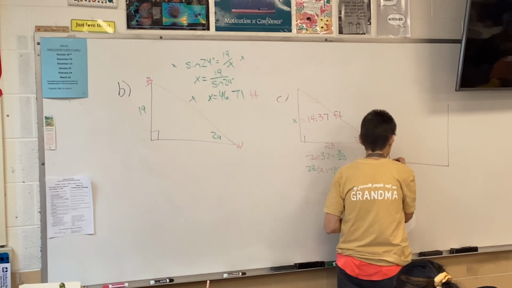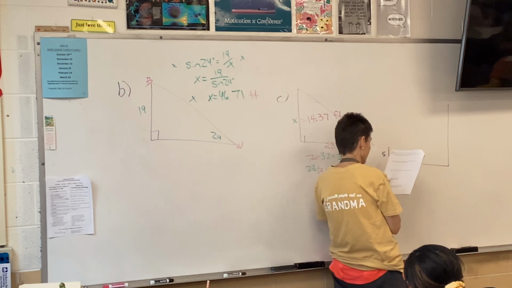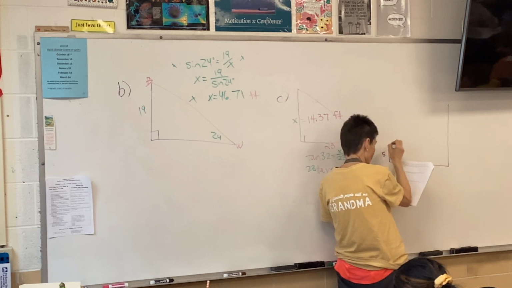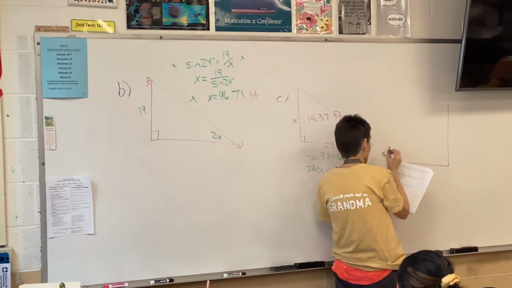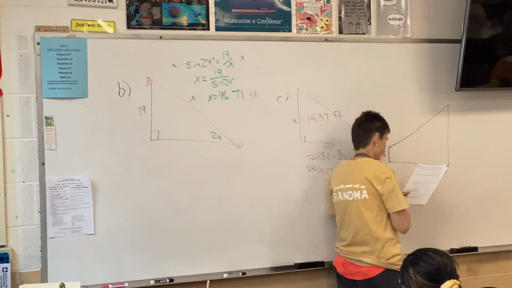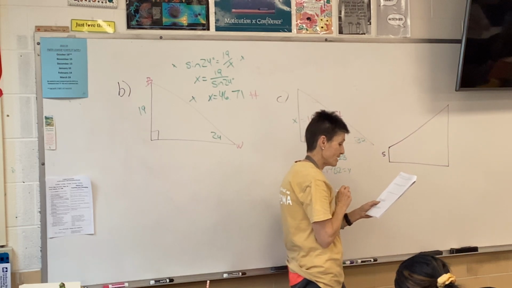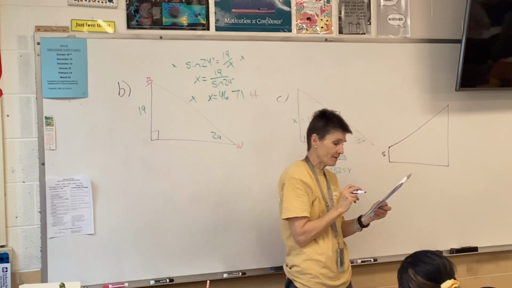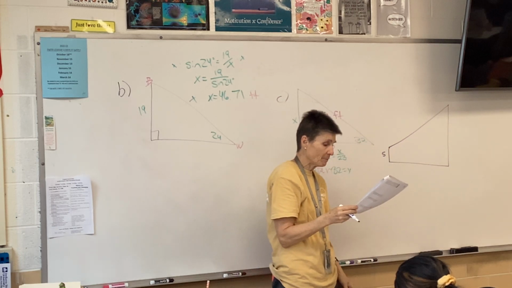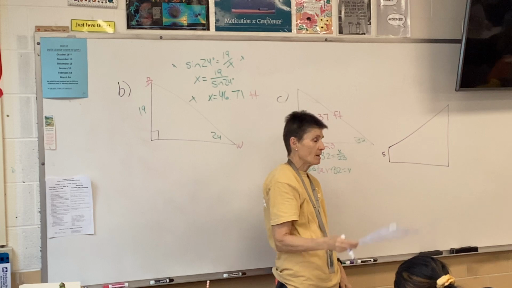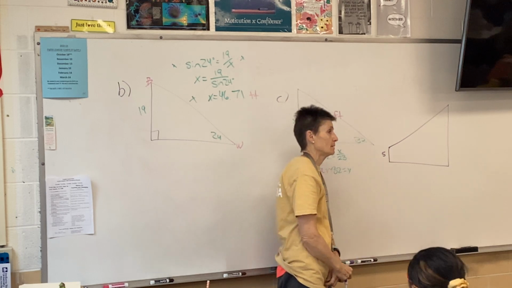So here's her tripod 5 feet above the ground. Here's her telescope. And she's looking up at the top of a tree. And she measures an 8-degree elevation to the top of a tree that is 120 feet away.